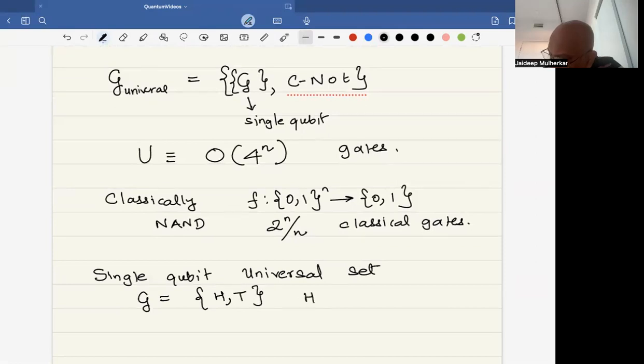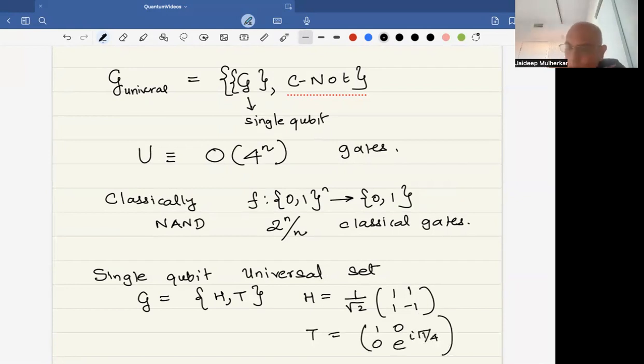Where H is 1 over square root of 2 times the matrix [1, 1; 1, -1], and T is [1, 0; 0, e to the i pi by 4]. So this set is universal for single qubit quantum computation.